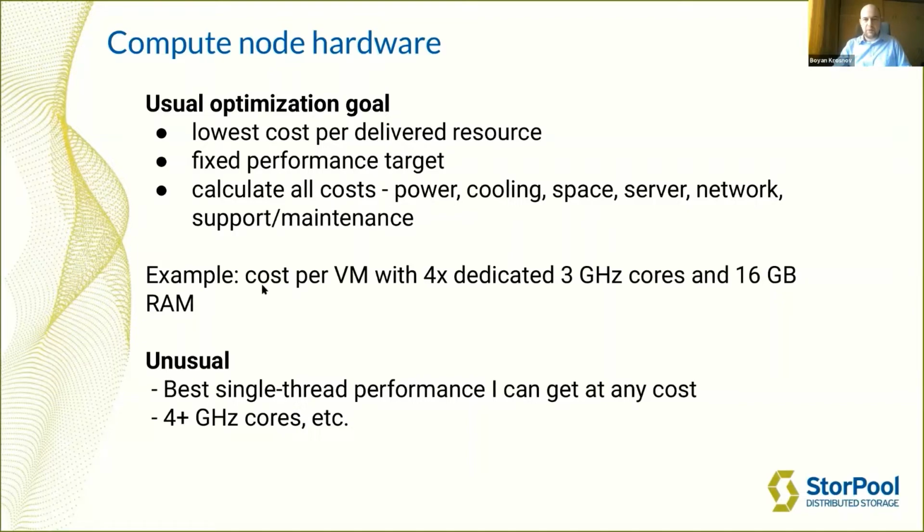For example, our goal may be: what is the cost per delivered virtual machine with 4 dedicated vCPUs, 3 GHz cores of a particular generation, and 16 gigs of RAM? So make sure you know your optimization goal before you start optimizing. A more unusual optimization goal we see sometimes is: what is the best single thread performance you can get at any cost?